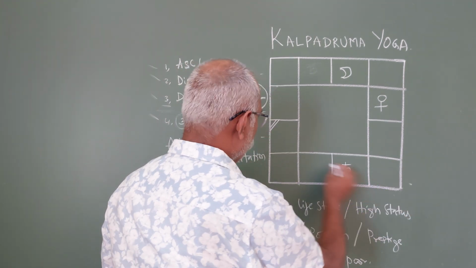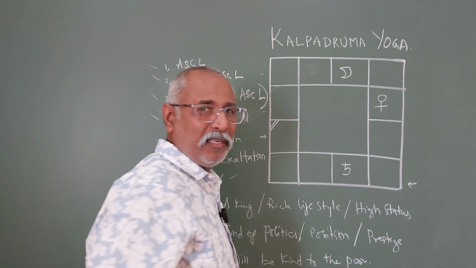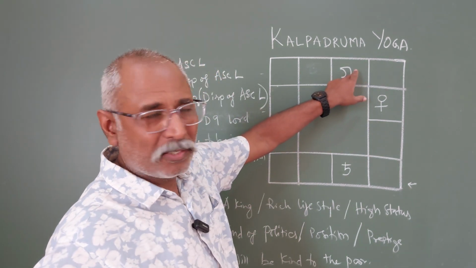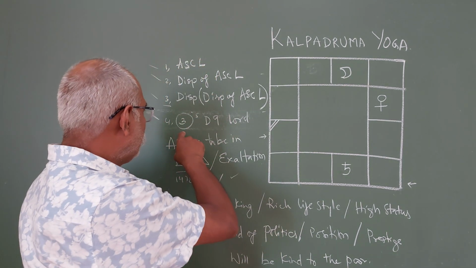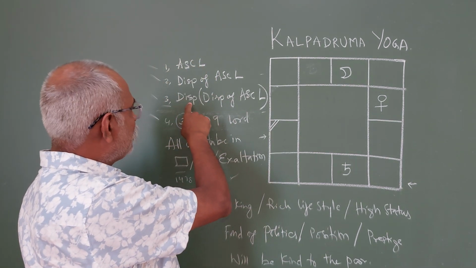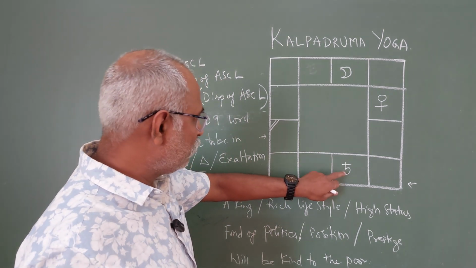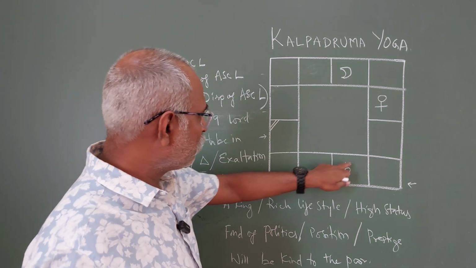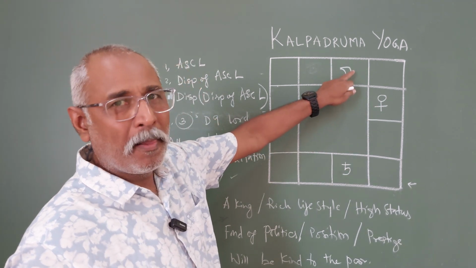So starting from Makar Rashi till Kanya Rashi is the plotting of D9 for Taurus. So, the dispositor of the dispositor. First is the ascendant Lord, next is its dispositor, then the dispositor of the dispositor. The dispositor of the dispositor is Moon, it is placed here.